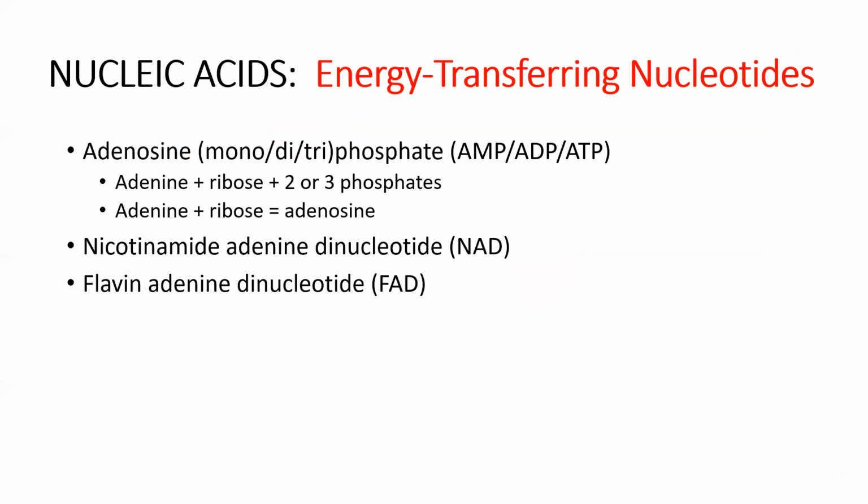Let's talk about how nucleic acids form our energy transferring molecules. So there's adenosine monophosphate, diphosphate, or triphosphate, which gives us AMP, ADP, or ATP. These are the important molecules that help us to transfer energy from one form to the other. We're going to speak about cellular respiration coming up in chapter 3, but essentially ATP is what's made in our body as our currency, if you will.